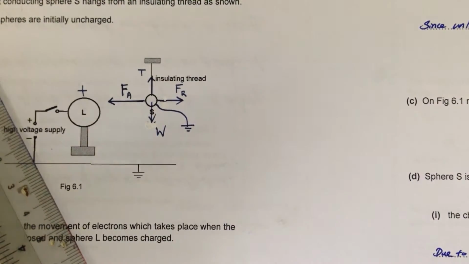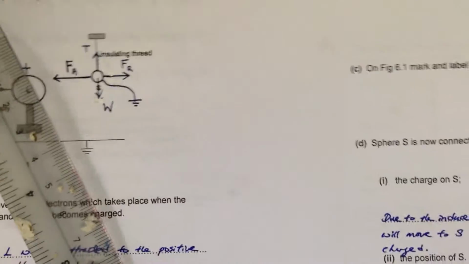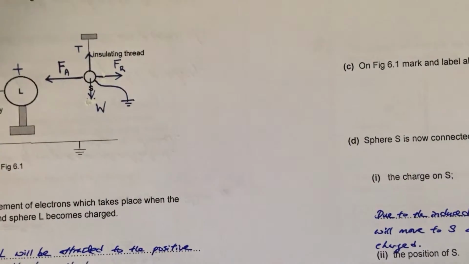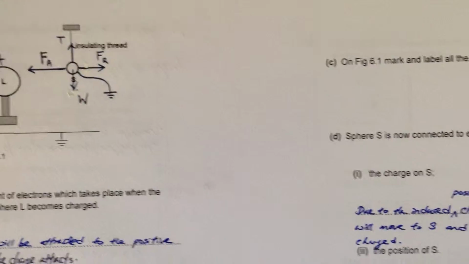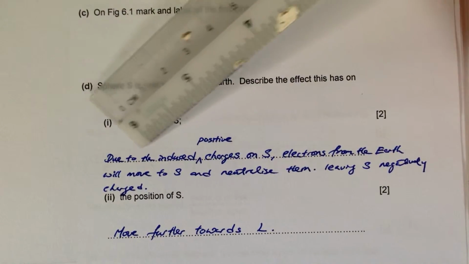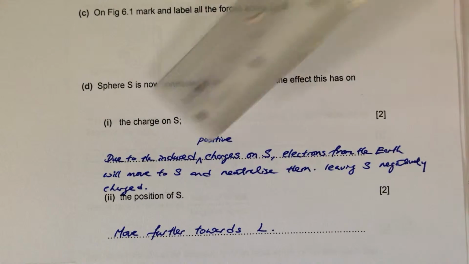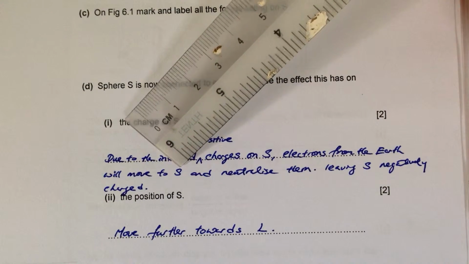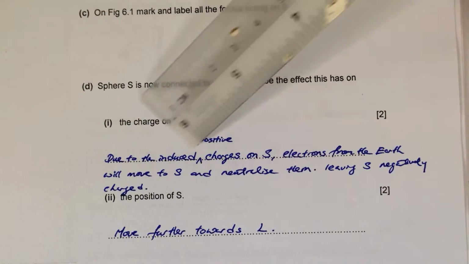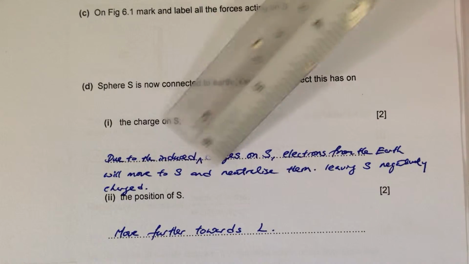So no matter where you connect your Earth wire, it is the same. Okay, some of you ask me, where is the Earth wire connected to? Anywhere on S, it doesn't matter. So what will happen when you connect it to S? Due to the induced positive charges on S, electrons from the Earth will move towards S, okay, and neutralize whatever is being induced on one side.